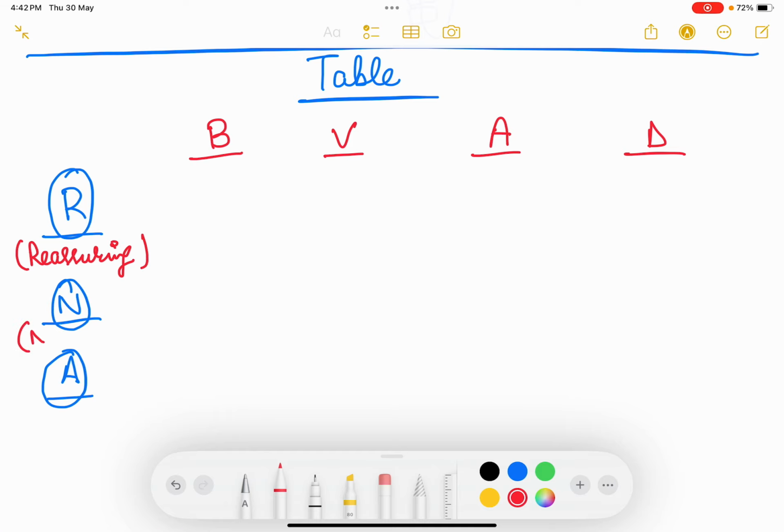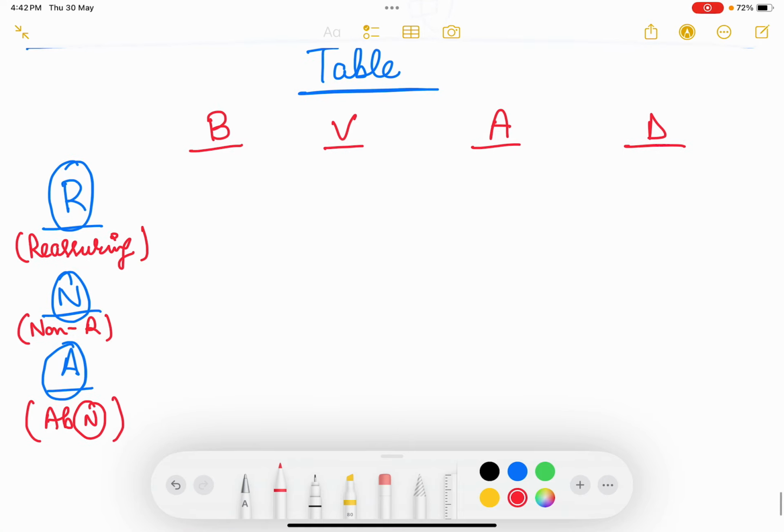N stands for non-reassuring. And A stands for abnormal. If everything is fine in the CTG or NST, then we say it is reassuring. If it is a bit towards abnormal, then you say it is non-reassuring.